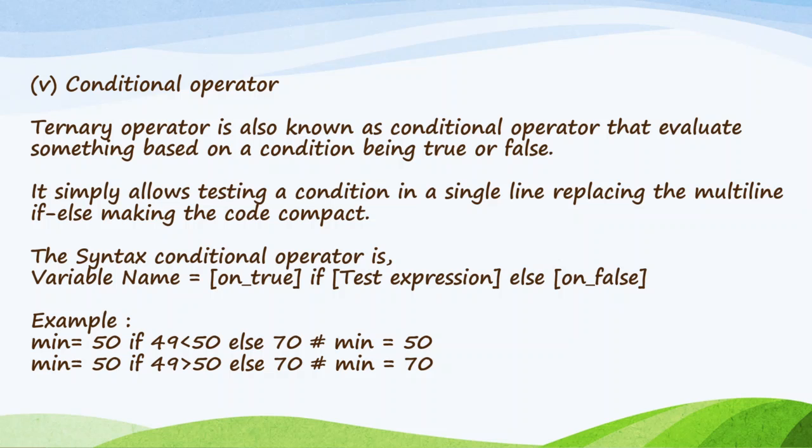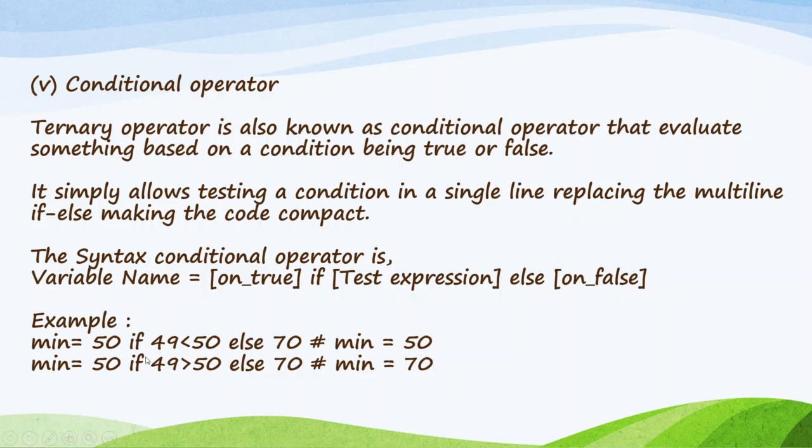So the syntax of the conditional operator is: variable name equal to on-true value if test condition else on-false value. So first you have to give a value here, the true value, then if, and you have to give an expression, else the false value.